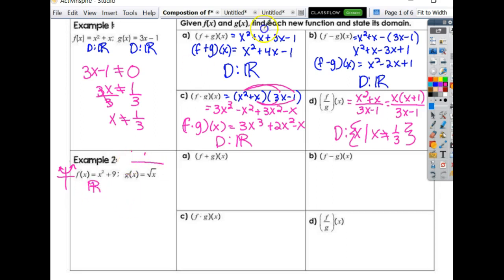But this one, if I'm going to graph, this is the square root function, and where does that start? And it goes this way. So do I use all real numbers for this? I don't. Do I use any negative numbers? I only use x greater than or equal to 0.